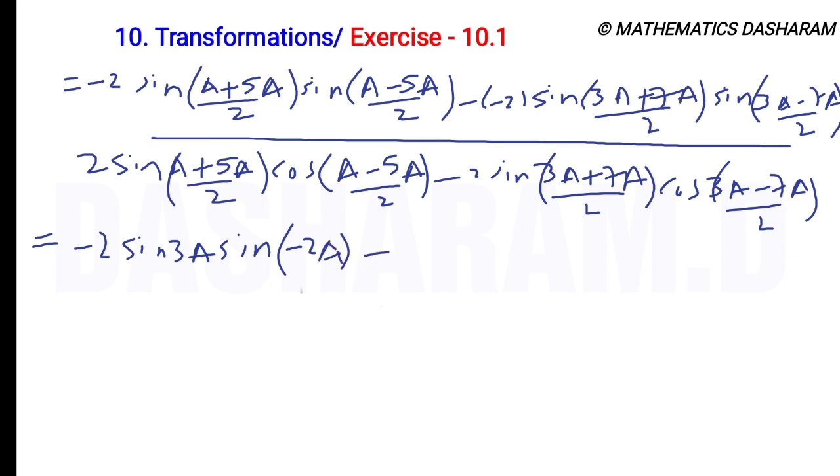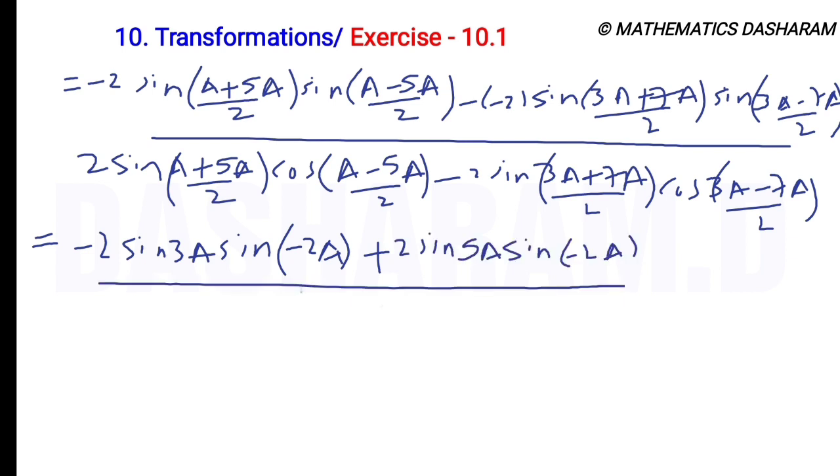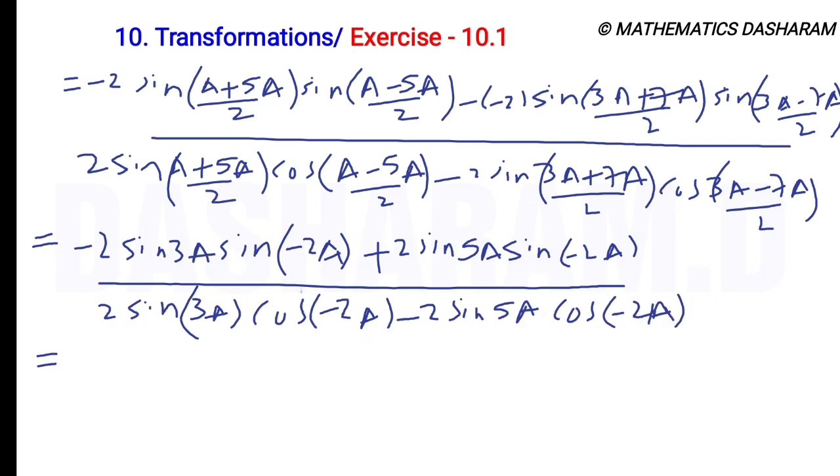Minus of minus is plus. So divided by 2 sin (a plus 5a) by 2, 6a by 2 that is 3a, into cos (a minus 5a) by 2, minus 4a by 2, that is minus 2a. Minus 2 into, next, sin of minus theta is equal to minus sin theta, and here also one minus symbol, so overall it is a plus: 2 sin 3a into sin 2a.